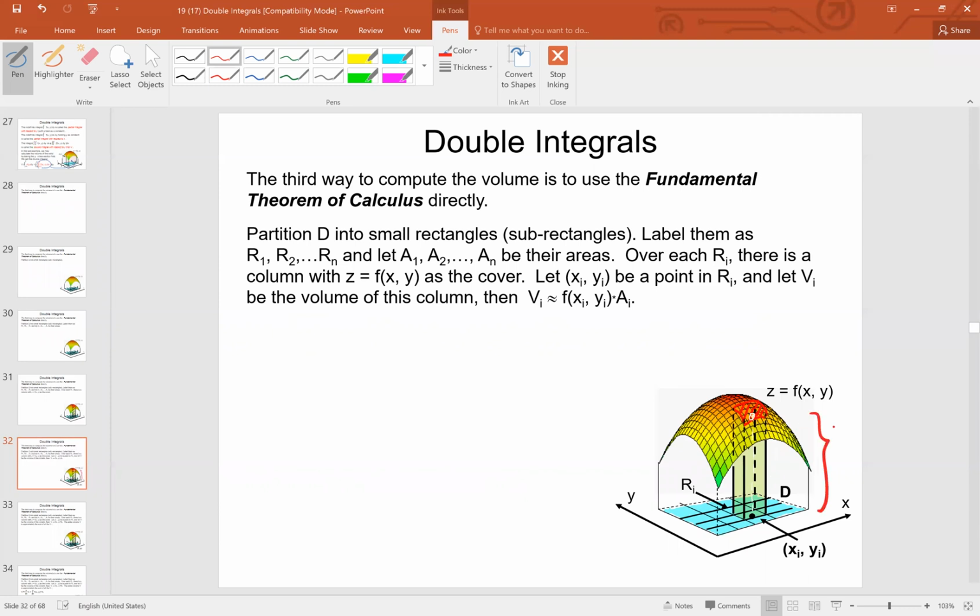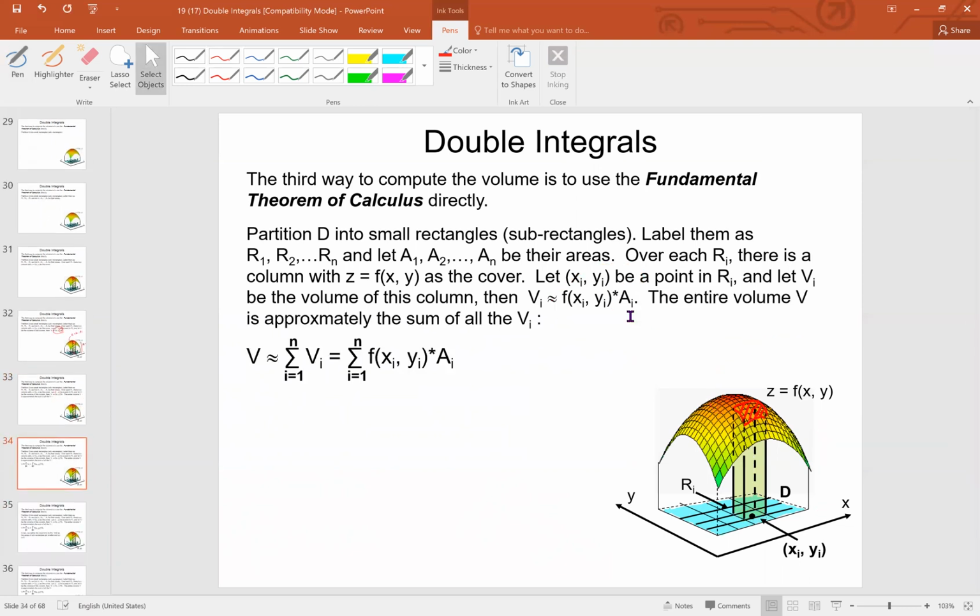Let's say this height z_i is equal to f of x_i, y_i. Then the volume of this piece, V_i, is approximately z_i, the height, times the area of this little rectangle, ΔA_i.